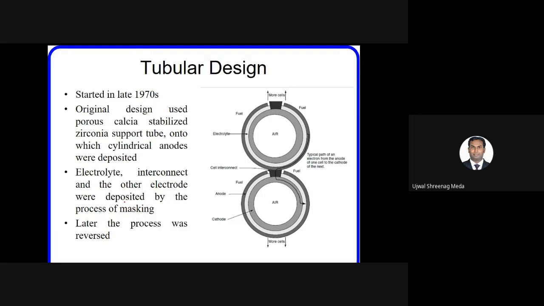What they do is, this electrochemical vapor deposition takes place on top of the cathode tube. Once the required thickness is obtained, the anode layer is fabricated on top of the electrolyte.